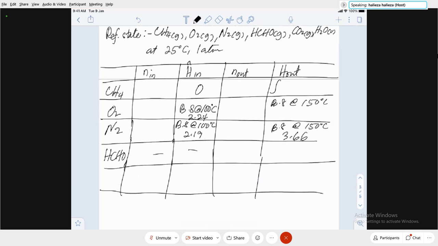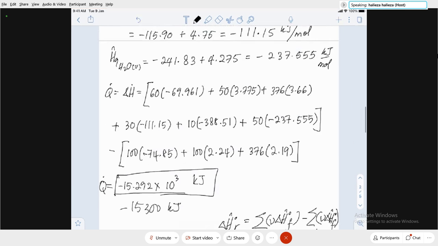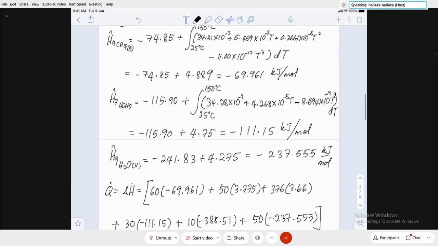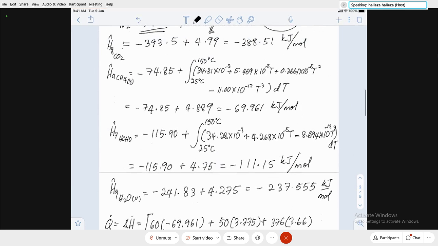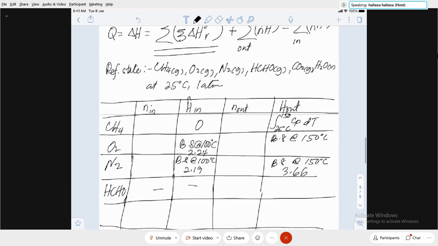So from 25 degrees C to 150, Cp for methane. We need to integrate that. Didn't we do that just now for methane? What did we get for methane? Yeah, that part is 4889. So that answer will be 4889.